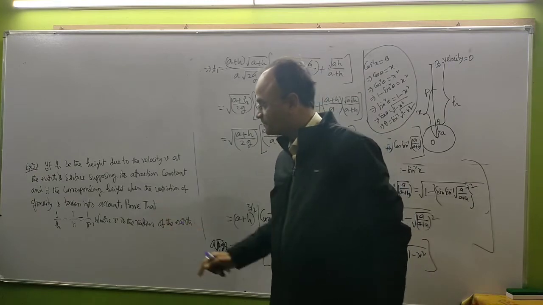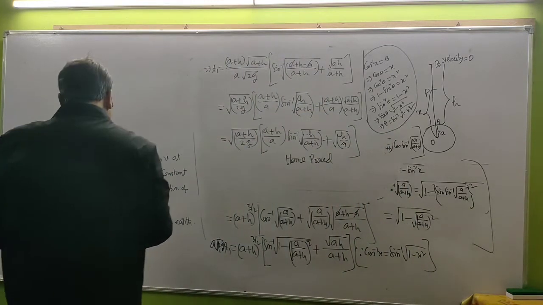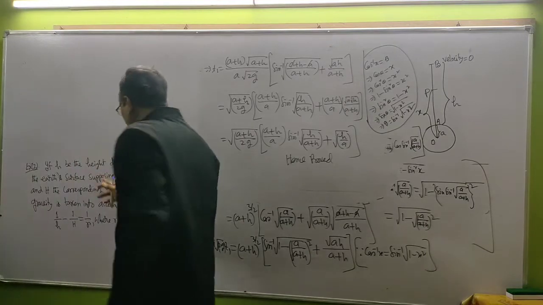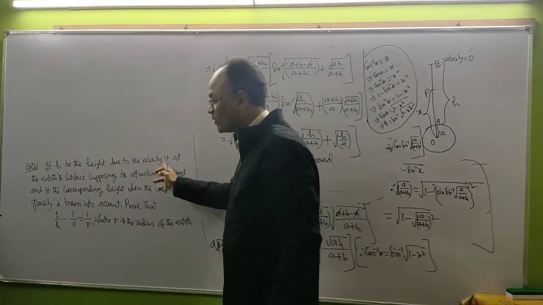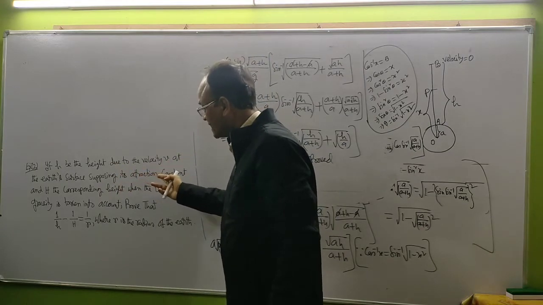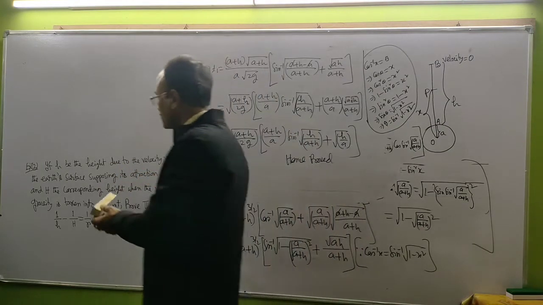Prove that this one. What is this? If h is the height due to the velocity v at the earth surface, supposing its attraction constant.